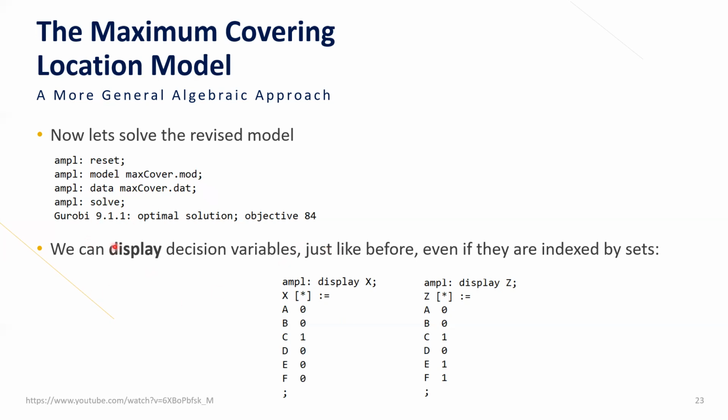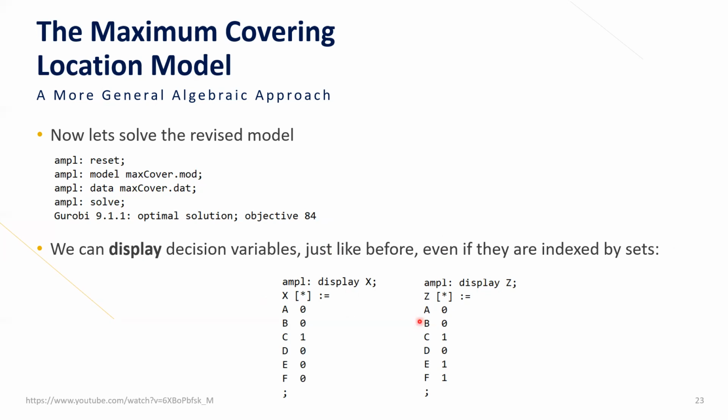And for the display, you don't need to expand the writing like x[A], x[B], x[C], until x[F]. You only need to mention display x, and it will automatically enumerate the result for you. And also display z the same way.